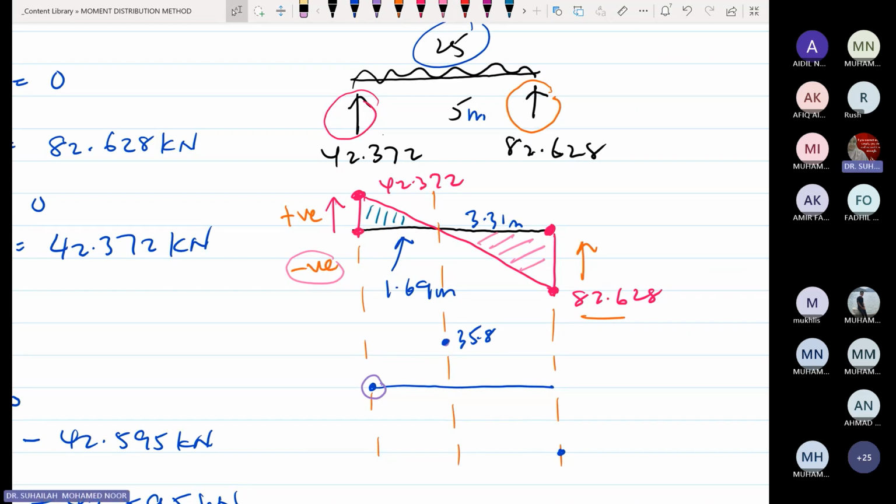We minus the area 3.31 times 82.628 times 0.5. What do you get? 136.75.